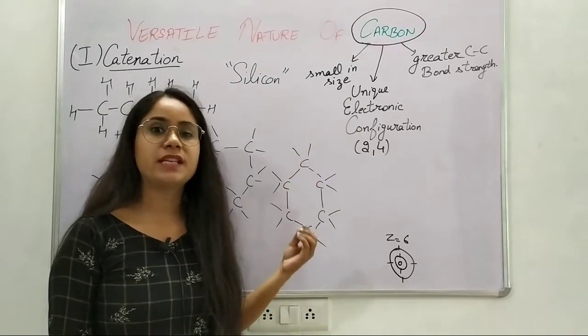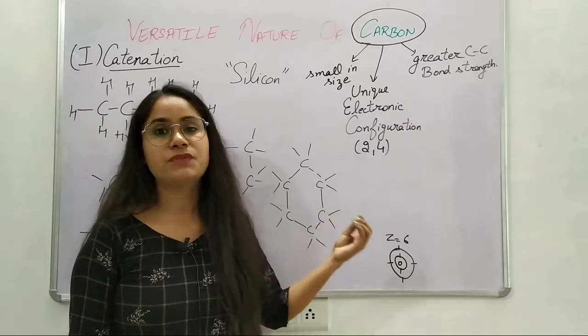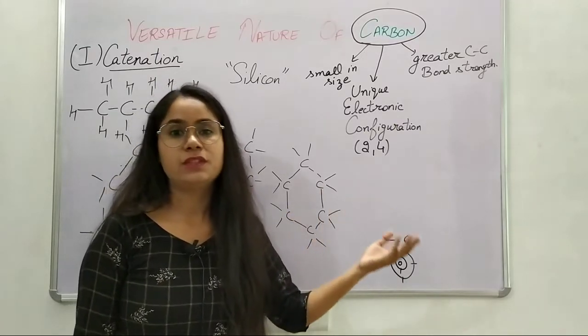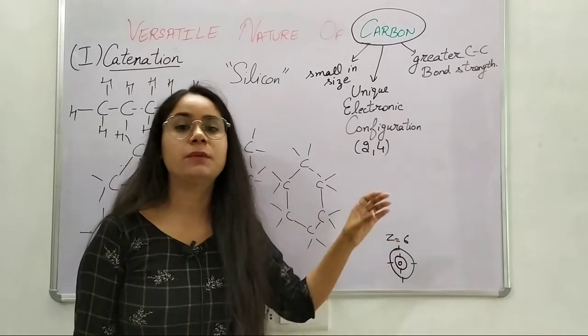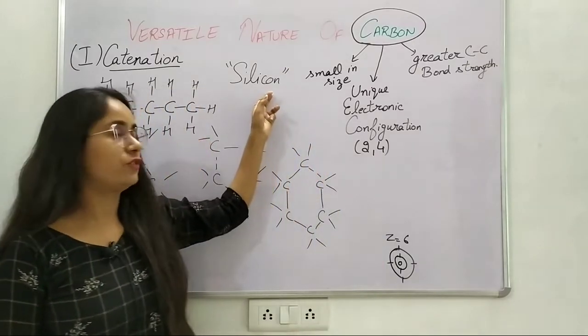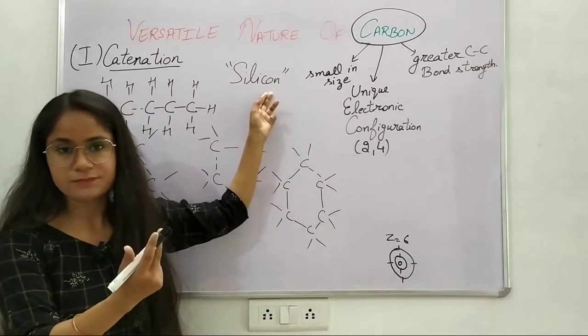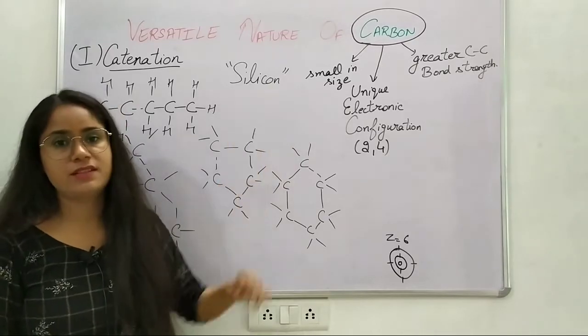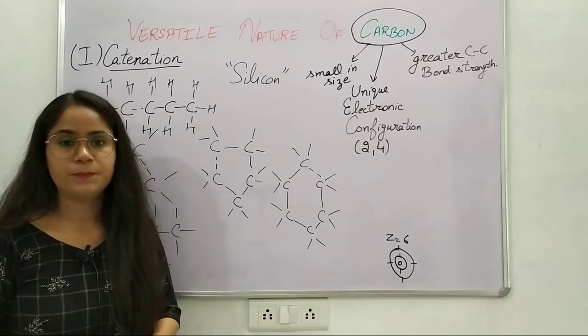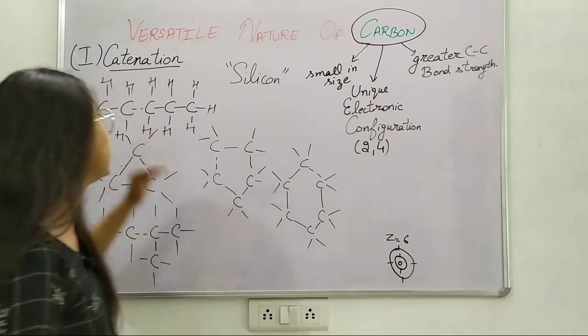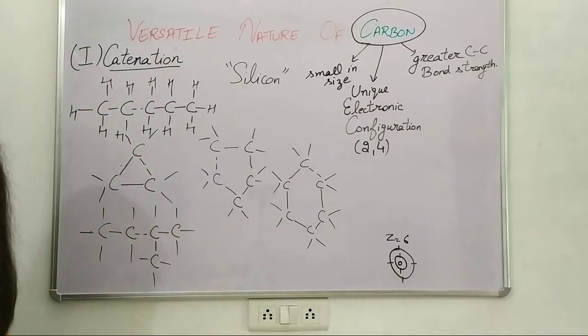Okay, up to 7 or 8 atoms of silicon join, no more silicon atoms will be able to combine with this, because first of all silicon bond strength is lower, secondly silicon is much larger in size as compared to carbon. Okay, so this is all about catenation.